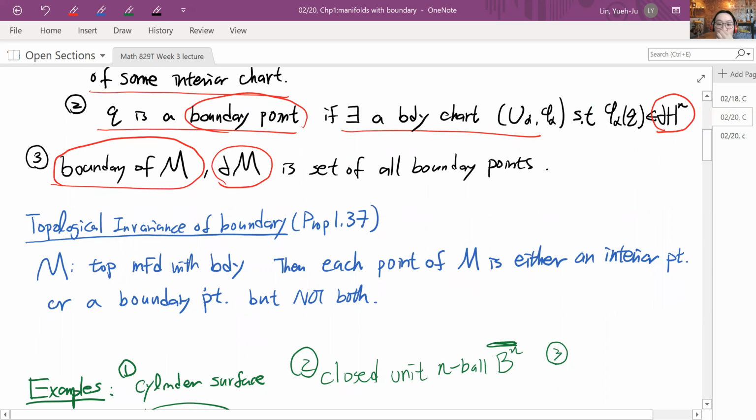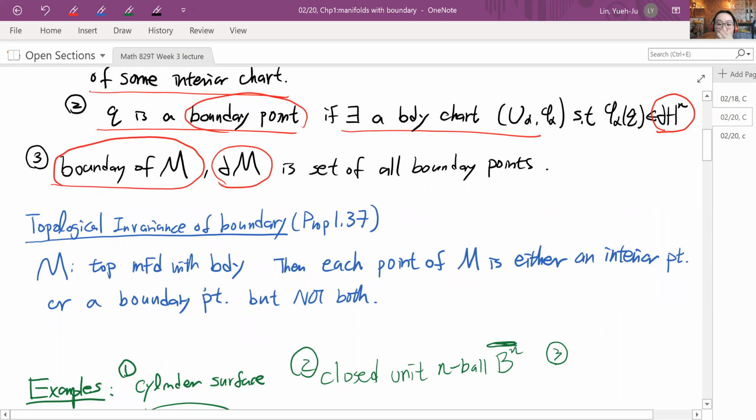To give you a rough idea of an example of a manifold with boundary, you can draw a cylinder surface. I just truncate the cylinder, so it's a finite length cylinder. You can think of a cylinder including the top and the bottom, just the surface.